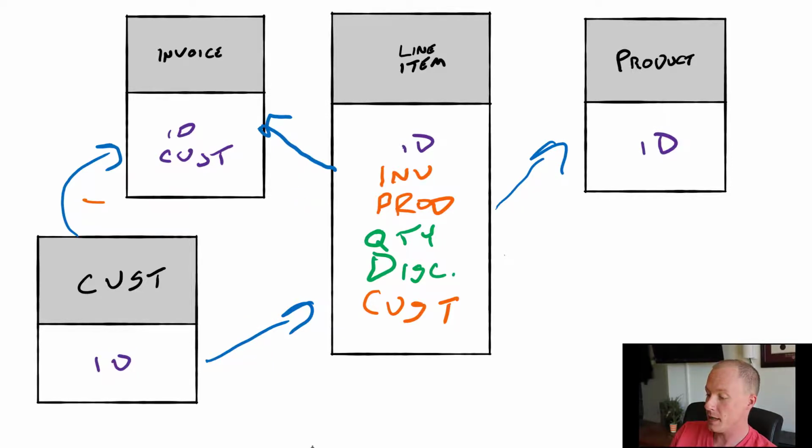But by having this lookup, we can, of course, run reports off of this middle table, the line item table. And we have access to the invoices, we have access to the products, and we have access to the customers. So we could run specific reports inside Zoho Creator using this structure right here.